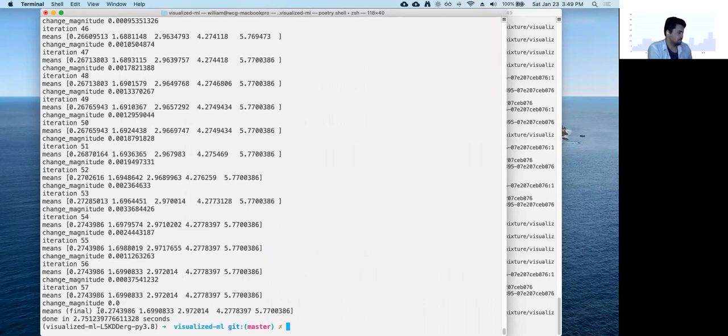Let's see. Okay, so here we go. For the means, I've said, I think there are means at 0.27, 1.7, 2.9, 4.2, and 5.7.